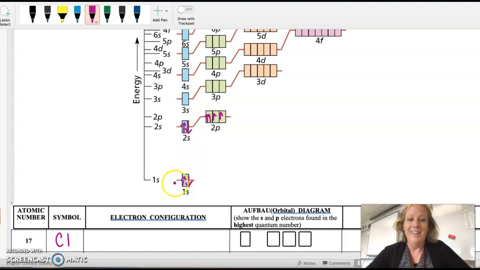Wait, no. 1, 2, 3, 4, 5, 6, 7, 8, 9, 10, 11, 12, Pauli, 13, 14, 15, 16, 17. I know it's hard to read. These boxes aren't big enough for me.